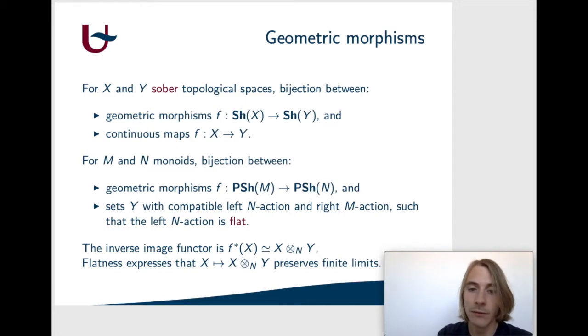Here, in this case, the inverse image functor is given by tensoring on the right with Y over M, and flatness expresses that this inverse image functor preserves finite limits, similarly to how flatness in algebraic geometry also says something about preserving short exact sequences.